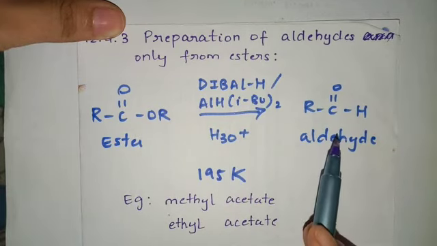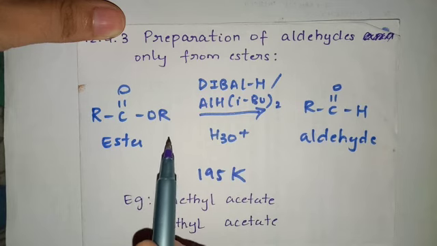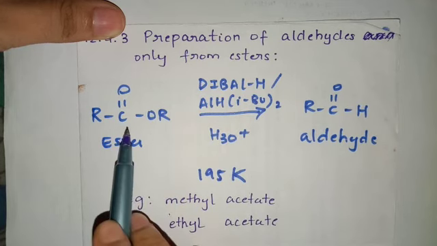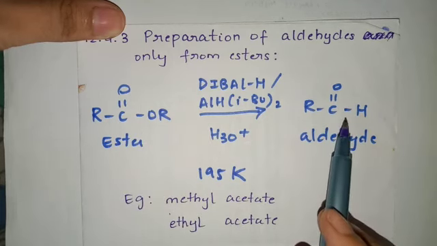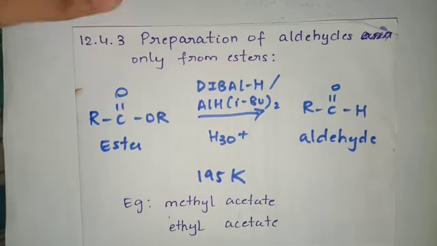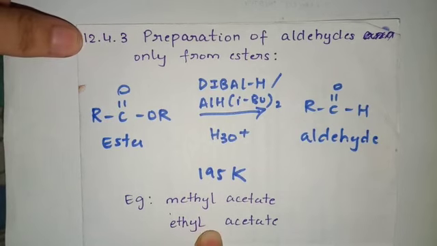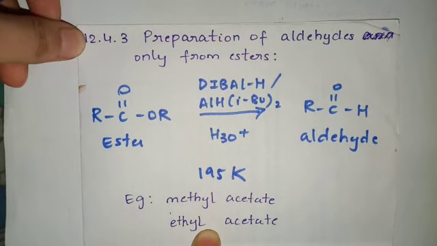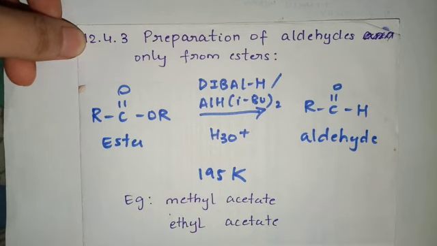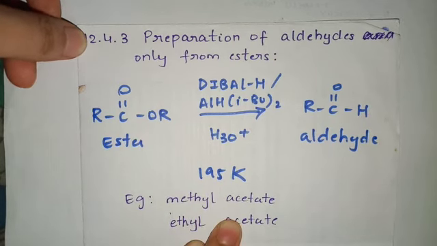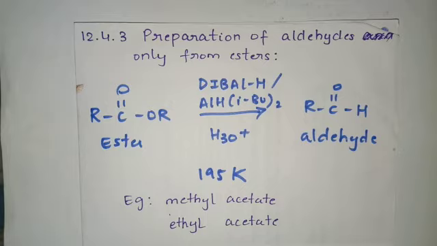Just remember this reaction, and make sure you know that the number of carbon atoms in the ester and in the aldehyde is not going to be the same. We are done with preparation of aldehydes and ketones. Make sure you maintain proper notes and practice all the examples, including the compounds which have a benzene ring in them. I'll see you in the next video. Thank you.